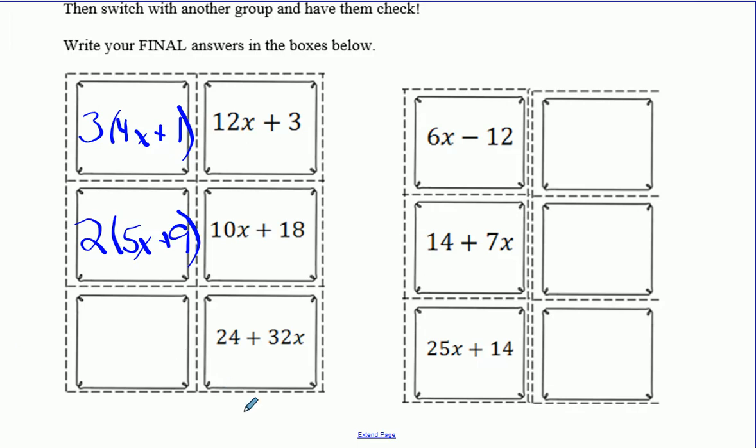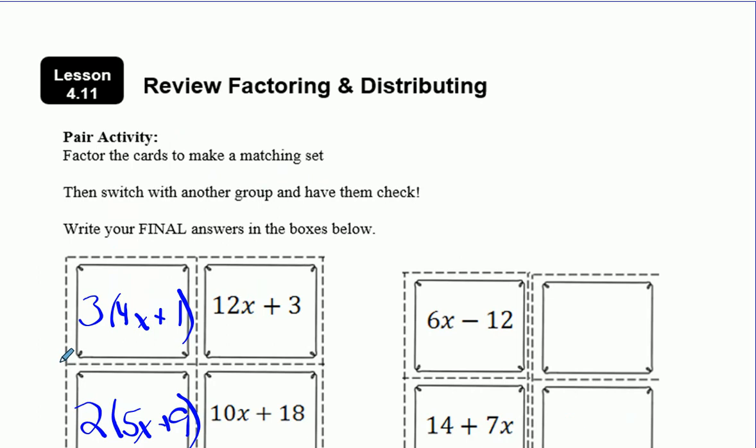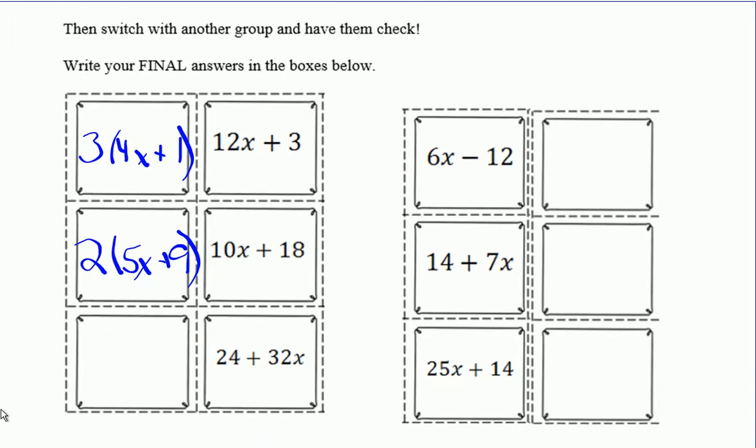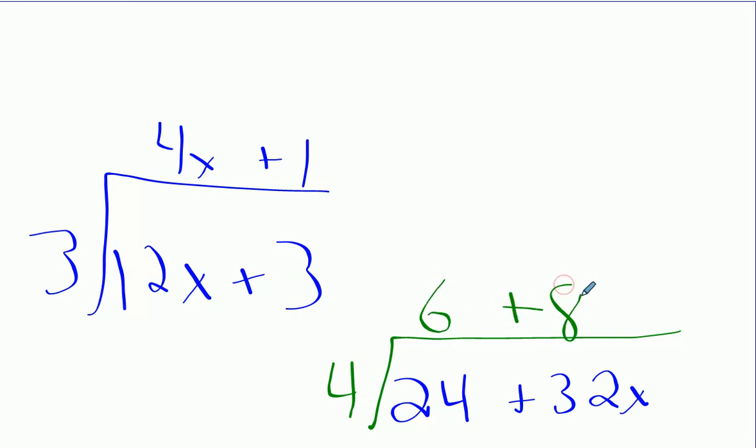And again, right, doing our division. The next one, 24 and 32x. Double check that's the right one. 24 and 32x. Scoot on down. Yep, okay. When I divide those two, you might have to have divided twice. Let's see. 4 goes in, you get 6 plus 8x.